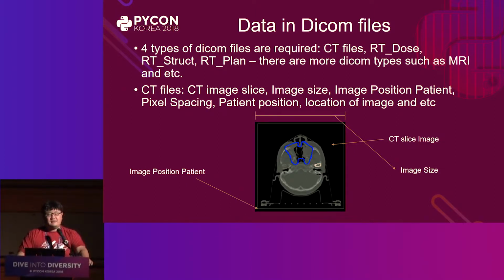This is the image position patient, and this is the origin of your CT. Also, pixel spacing defines the distance between two pixels, and patient position shows you if it is prone or supine position, and the location of the image and so on. Those pieces of information are contained in the CT and we process them.